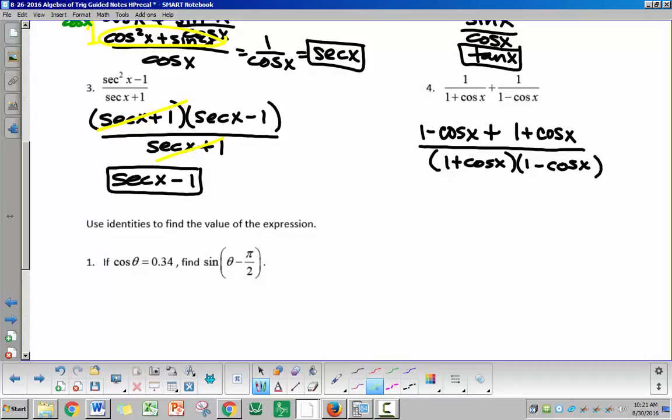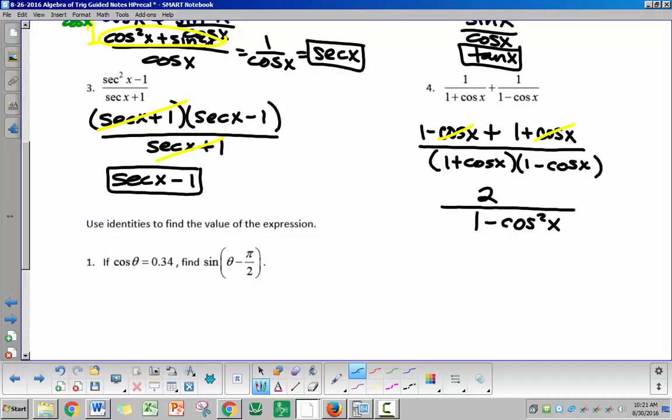What happens in the numerator? The cosines cancel out. And then how many am I left with on top? Just 2. What can I do on the bottom? John? It would be 1 minus cosine squared x.